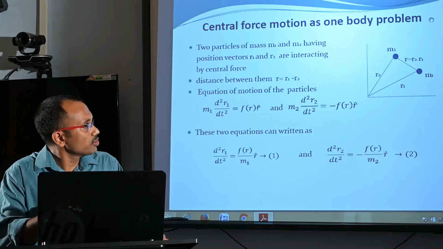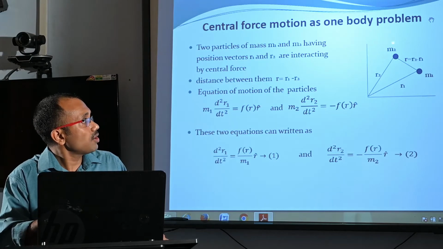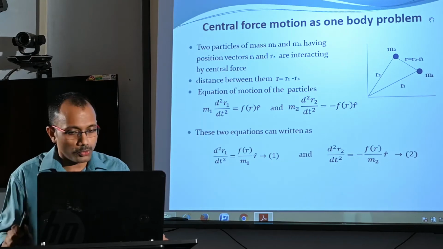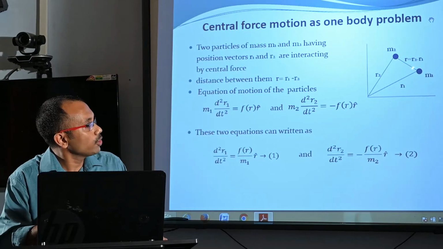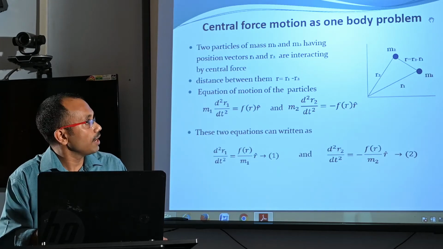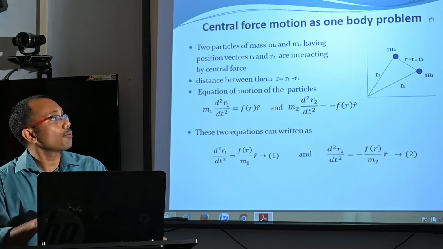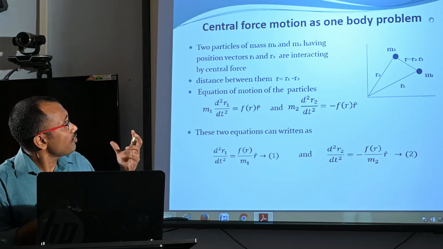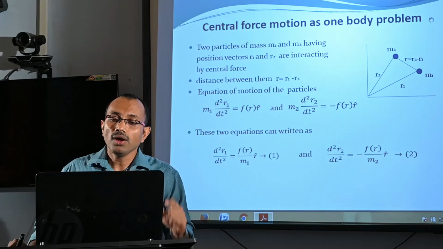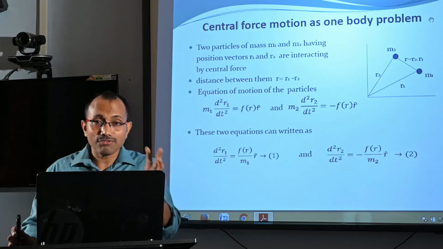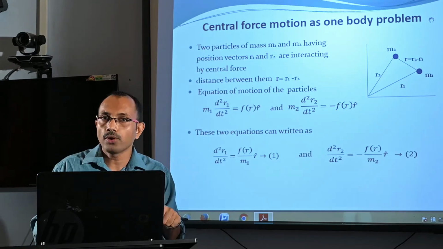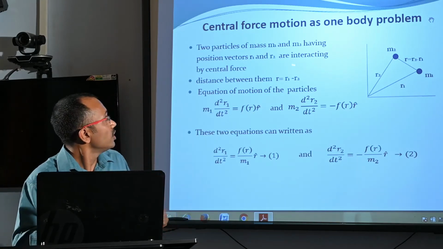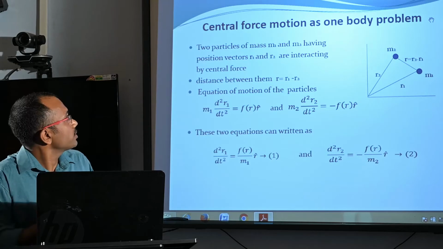Here there are 2 particles, so there will be 3 independent equations for the particle of mass m1 and 3 independent equations for the particle of mass m2. That will be somewhat difficult. Instead, if we convert the two body problem into a one body problem, we need only 3 equations, so we can reduce the number of equations to half. So we can study that.